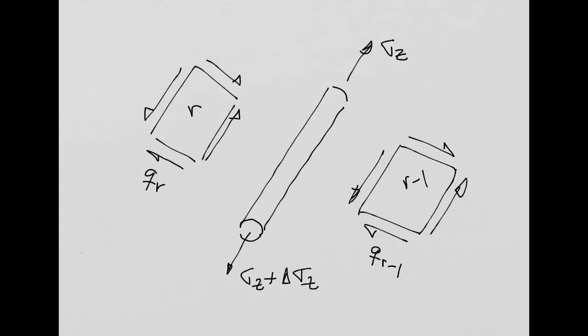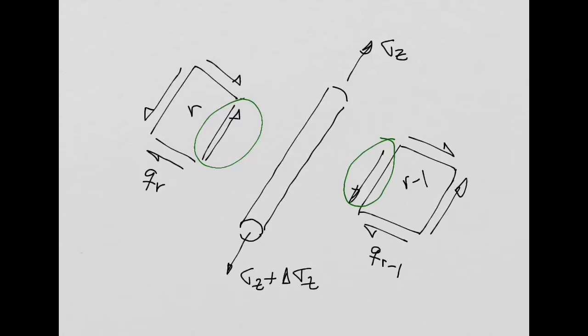Now we will have to focus on this shear stress here and this shear stress here. They represent the shear stress that the boom is inducing on the panels, on the skins, right? So the skins are going to react into the booms. This is the action-reaction, Newton's third law.